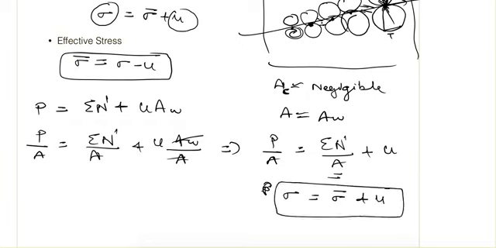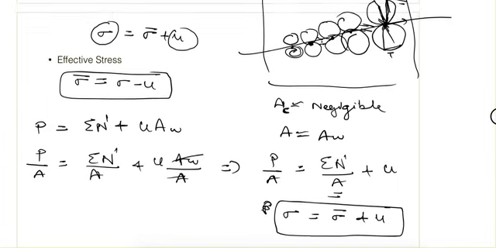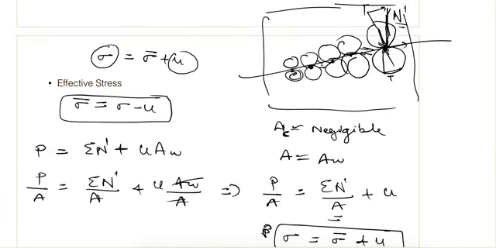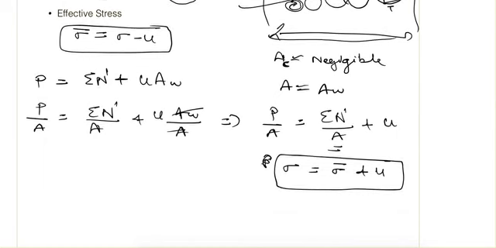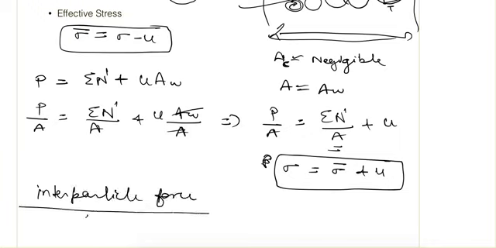So P by A is the total stress, and that is the sum of effective stress plus pore water pressure. So what is the effective stress? Effective stress is the normal component of the interparticle forces divided by the gross area. It is not divided by the contact area of interparticle forces. If we write the interparticle force divided by contact area, that term is called interparticle stress.